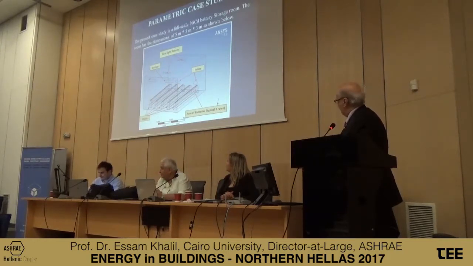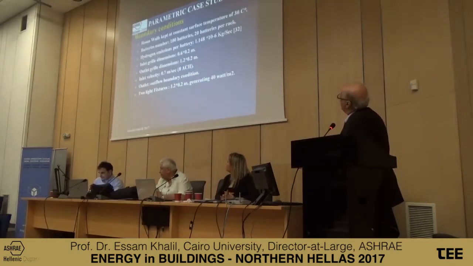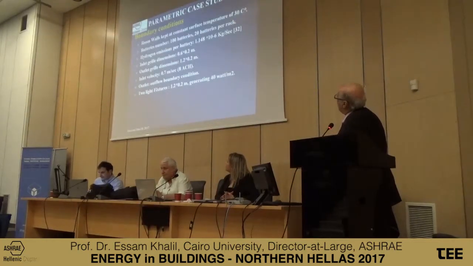So here we have a five-row battery set, and this is the surface, and then we have a symmetry axis. We have 100 batteries, 20 batteries per rack. We assume various velocities at the inlet and sizes of the grid. These are our design parameters listed here.